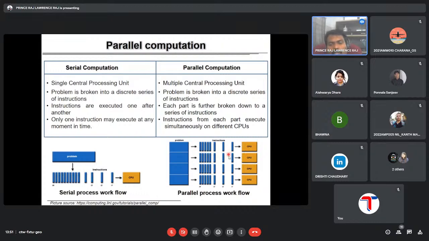Consider adding 100 numbers in a single CPU takes 4 seconds. Here it must be done in 1 second. But it will not really happen in real life. So this is the difference between parallel and serial computation.